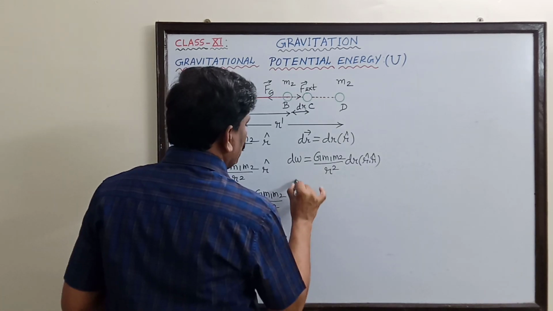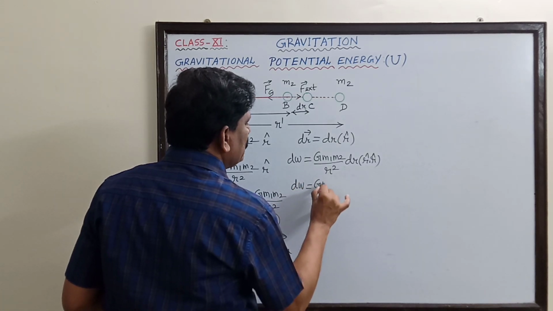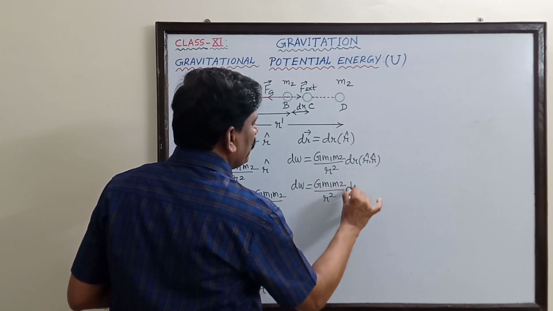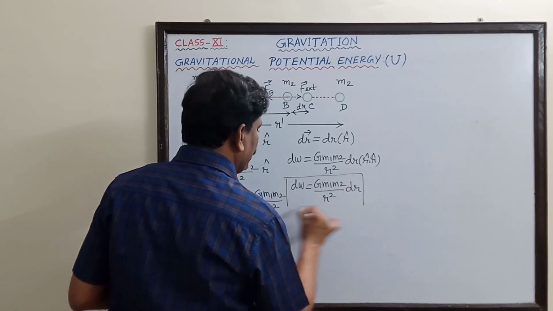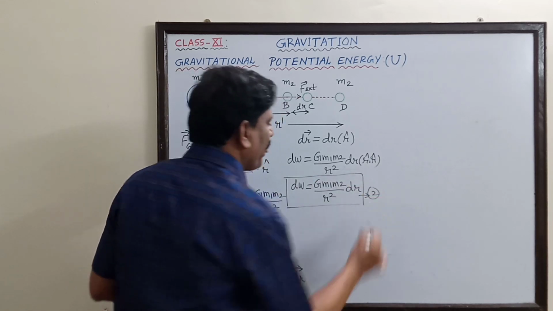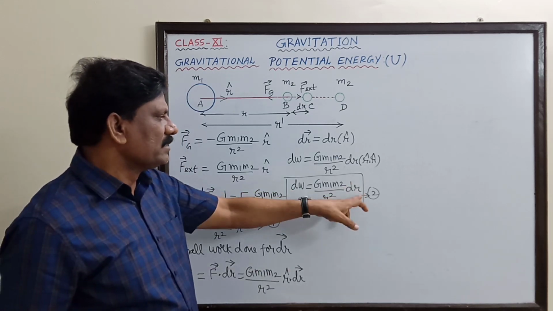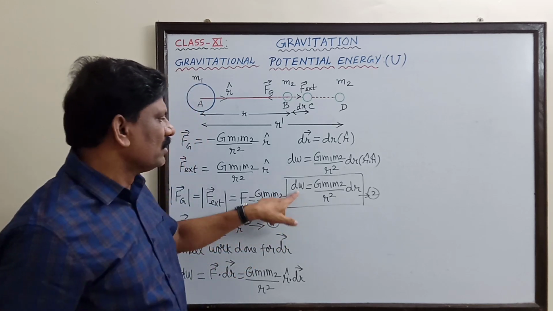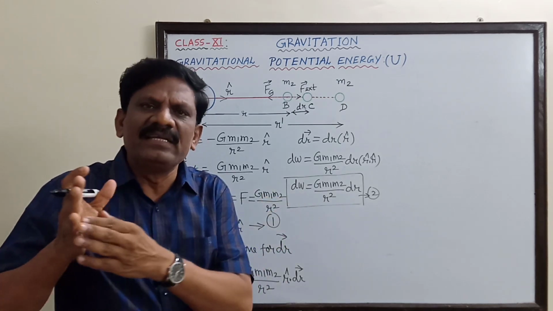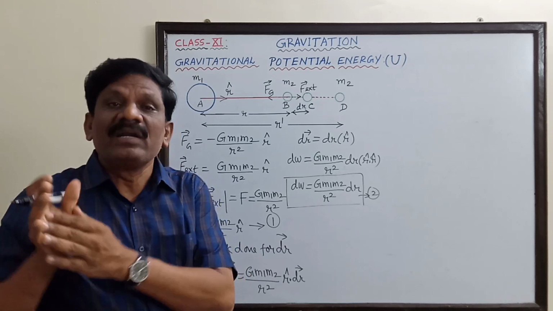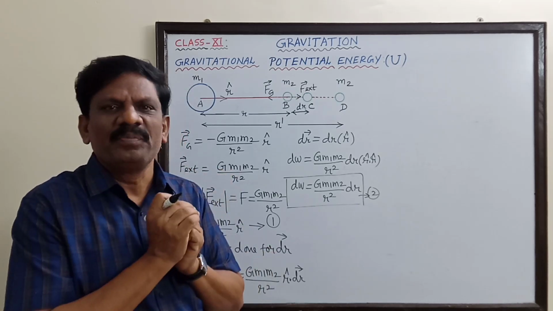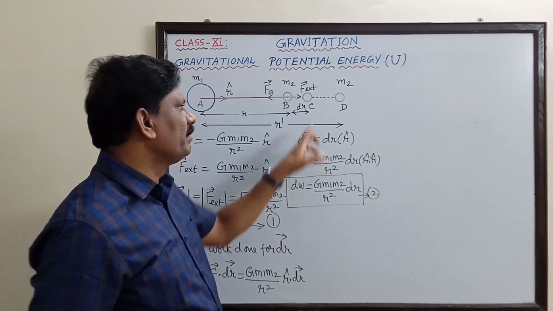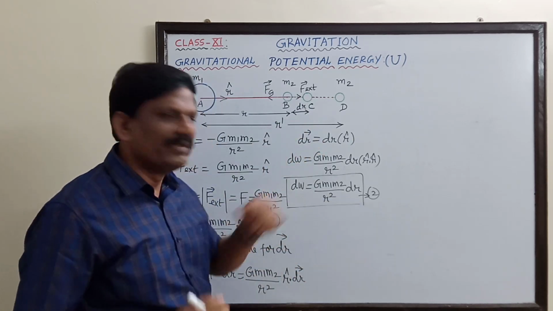So now dW is equal to G m1 m2 by r square into dr. So this is the required equation number 2. Here there is no r cap because work done is a scalar. Is it not? Work done is a scalar. So dW is the infinitesimally small work to push the mass m2 from the point B to the point C through a small displacement dr. That is equation 2.